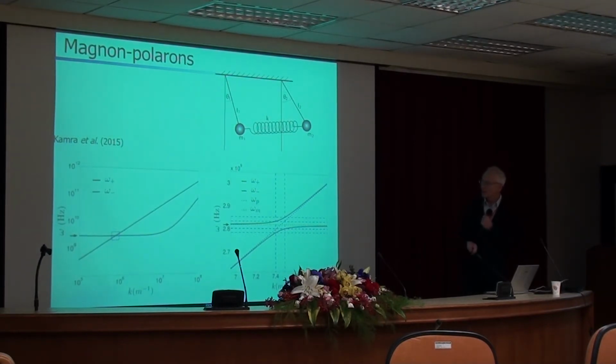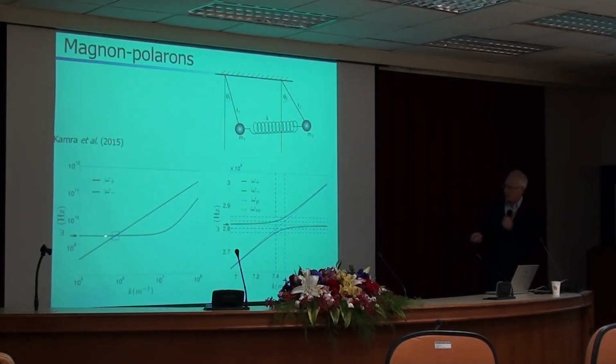In this plot you see the dispersion of the magnons and the phonons for parameters of YIG. So this is a logarithmic plot, but the phonons have a linear dispersion, right? And the magnons have roughly a parabolic dispersion.